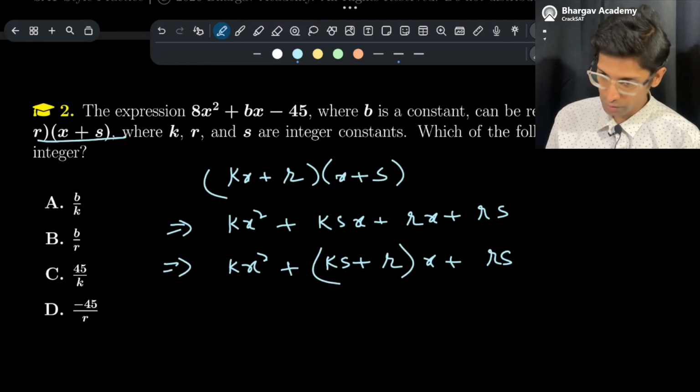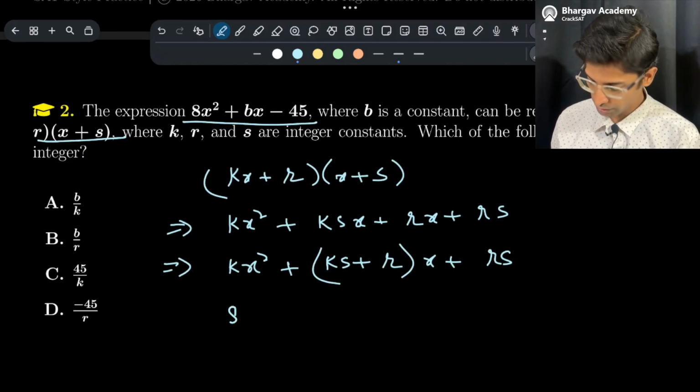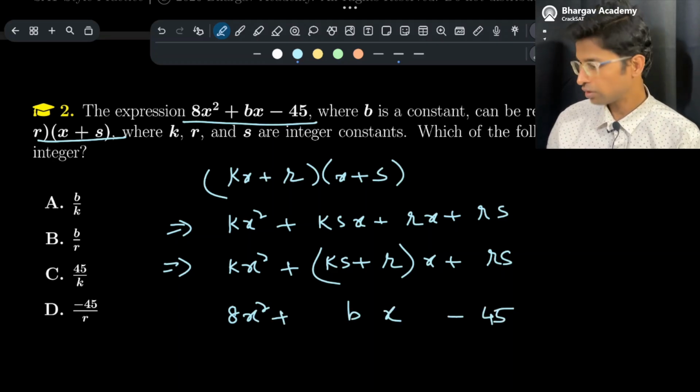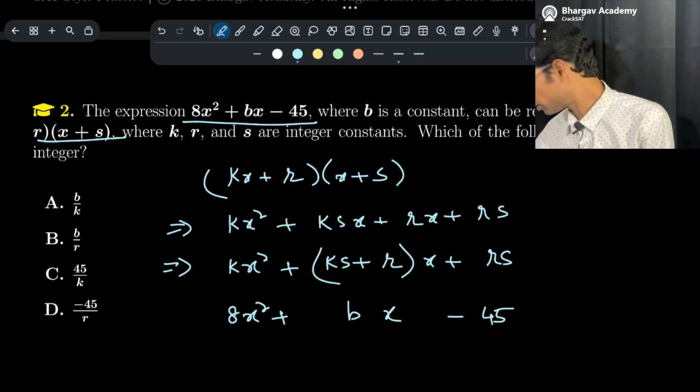So I should compare this with this expression. This is 8x square plus bx minus 45. Okay, just give me 1 minute. I'll try to plug in the power cable.